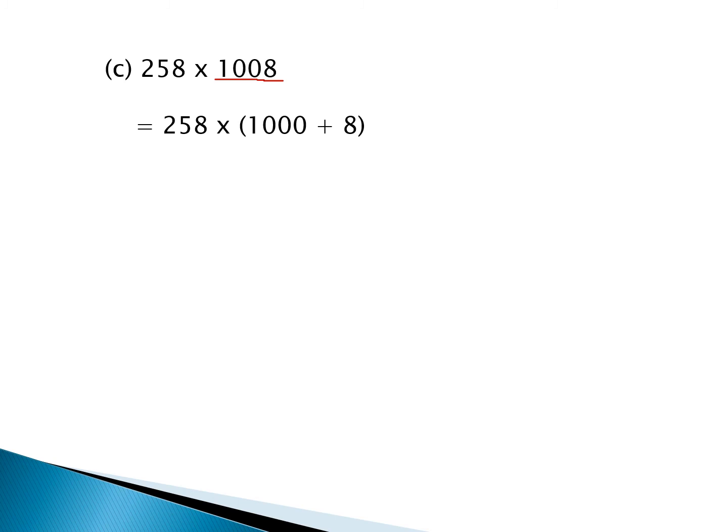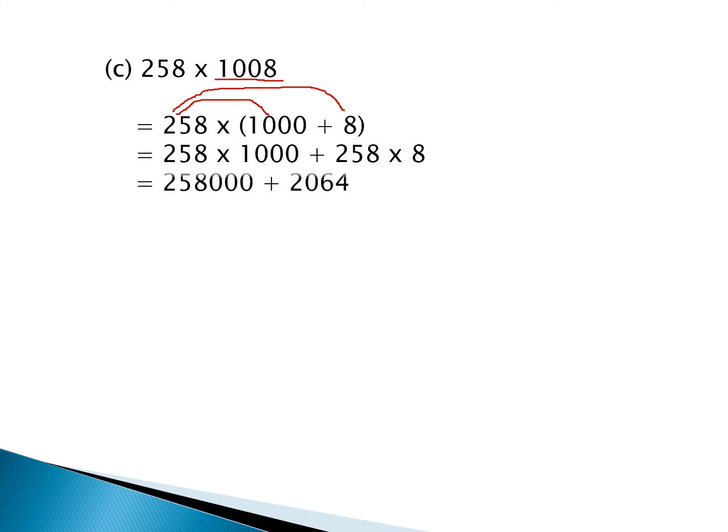Now as we have done earlier, 258 has to be multiplied by 1000 and then addition sign, then 258 has to be multiplied by 8. So now it can be written as 258 multiply 1000 plus 258 multiply 8. After solving this, we will get 2,58,000 plus 2064. Now these two terms will be added to get the final answer, which is 2,60,064.